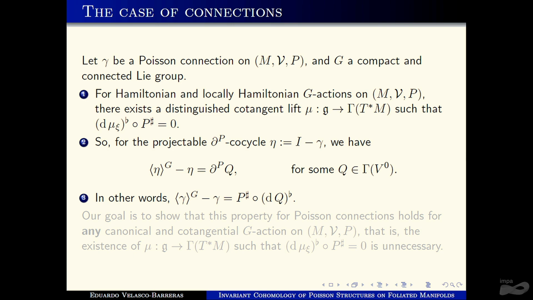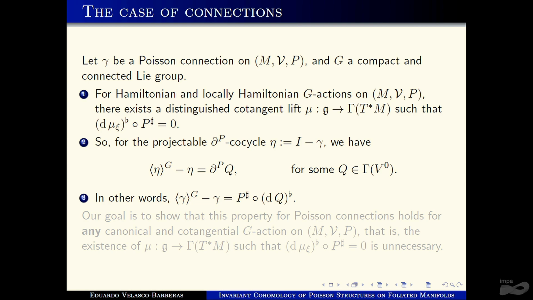So this explains why in the context of Hamiltonian and locally Hamiltonian actions, there always exists a Poisson connection of Hannay-Berry type. This explains the result of Marsden, Montgomery, and Ratiu for Hamiltonian actions, and of Vallejo and Boroviev for locally Hamiltonian actions. It's because we have a distinguished cotangent lift satisfying this property.